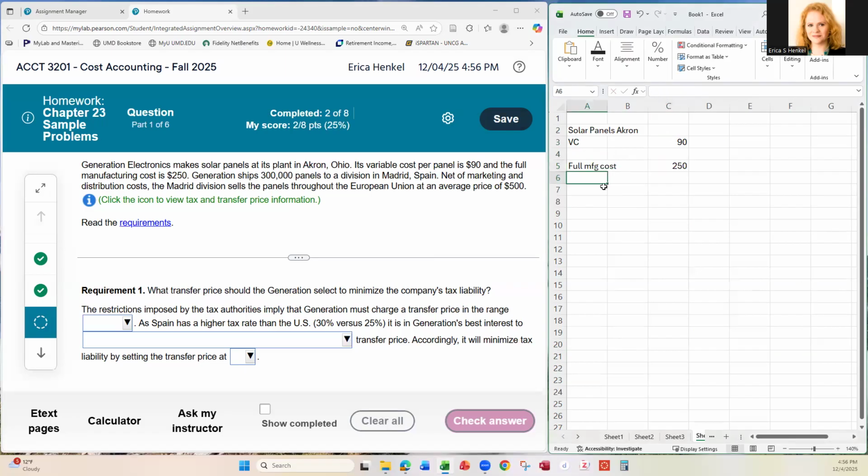So we can guess that the difference is probably a fixed cost. The difference there is $160, net of marketing and distribution costs. We ship these panels to Madrid, Spain, and Madrid sells them at an average price of $500.